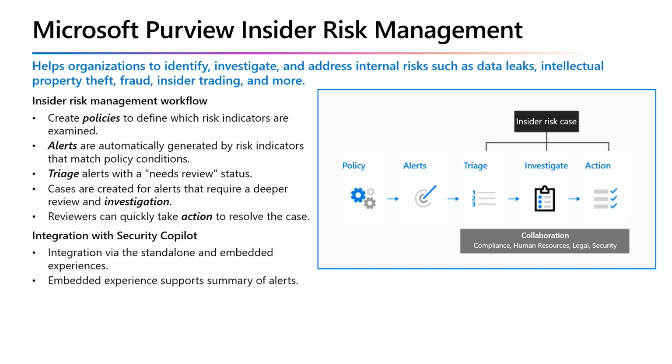This service also supports integration with Microsoft Security Copilot through both standalone and embedded experiences. To experience Copilot integration, organizations must be onboarded to Copilot, have enabled Copilot to access data from Microsoft 365 services, and users must also have the appropriate role permissions to do so.